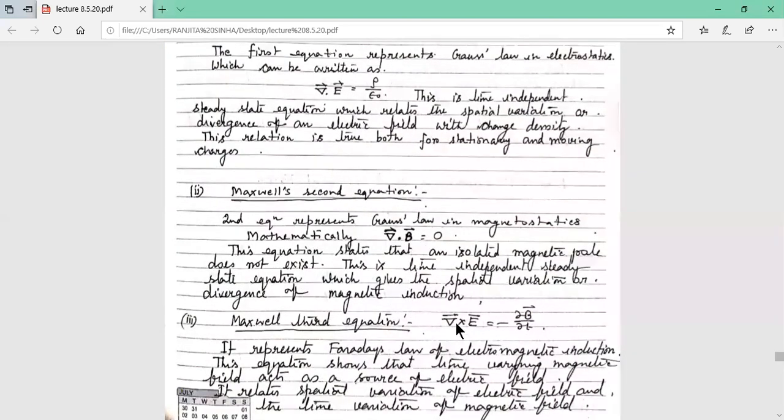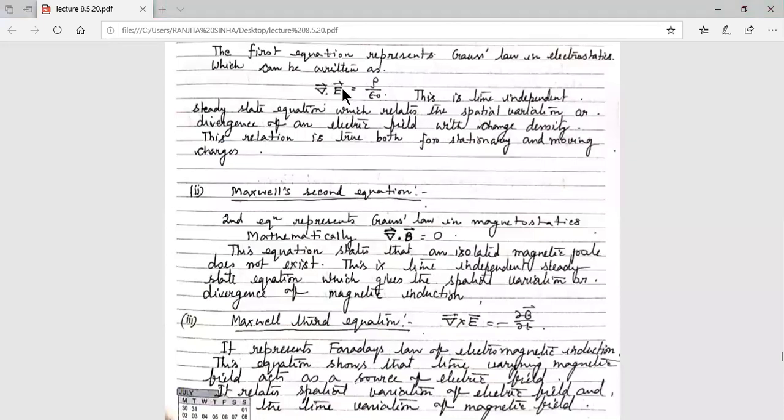Maxwell's third equation is this. We have proved the differential form, and it represents Faraday's law of electromagnetic induction. This equation shows that a time varying magnetic field, del B by del t, gives a time varying electric field.